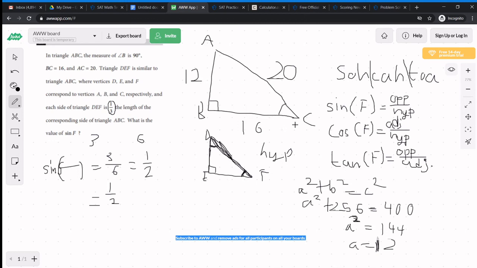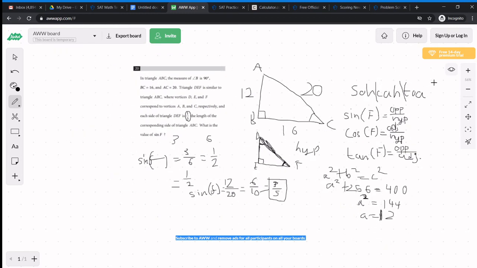And now we see that opposite over hypotenuse is going to equal 12 over 20. So sine of f is going to equal, let's see, 6 over 10, which equals 3 over 5.